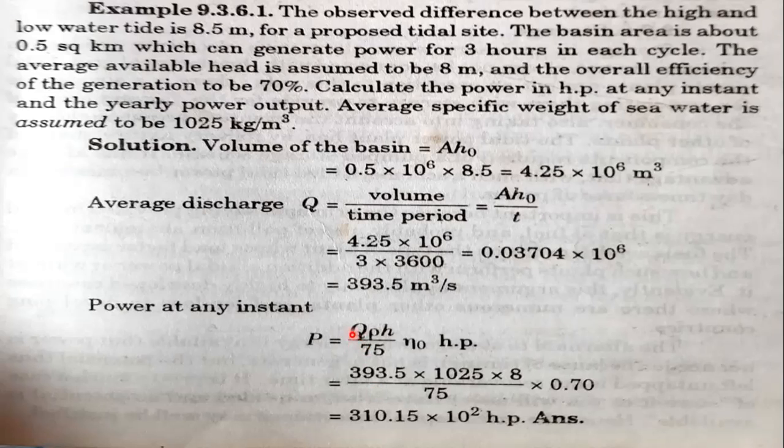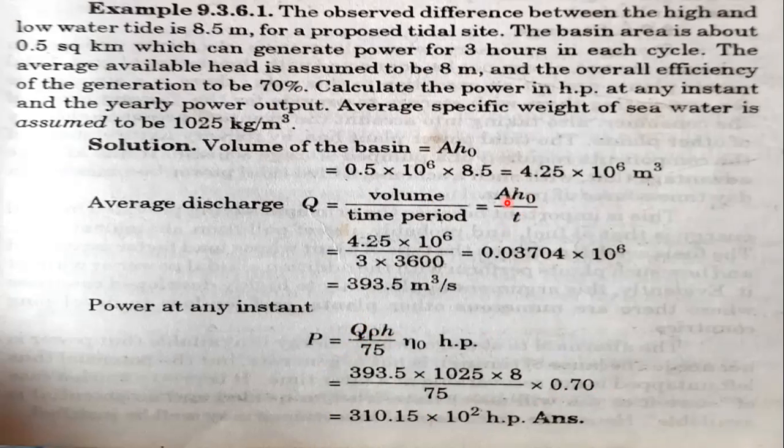For this we have to calculate Q, and rho is given as 1025, and H is assumed to be 8 meters, and 75, and eta naught is the efficiency, which is given as 70%. So we have to calculate only Q. For calculating Q the formula is A H naught by T.